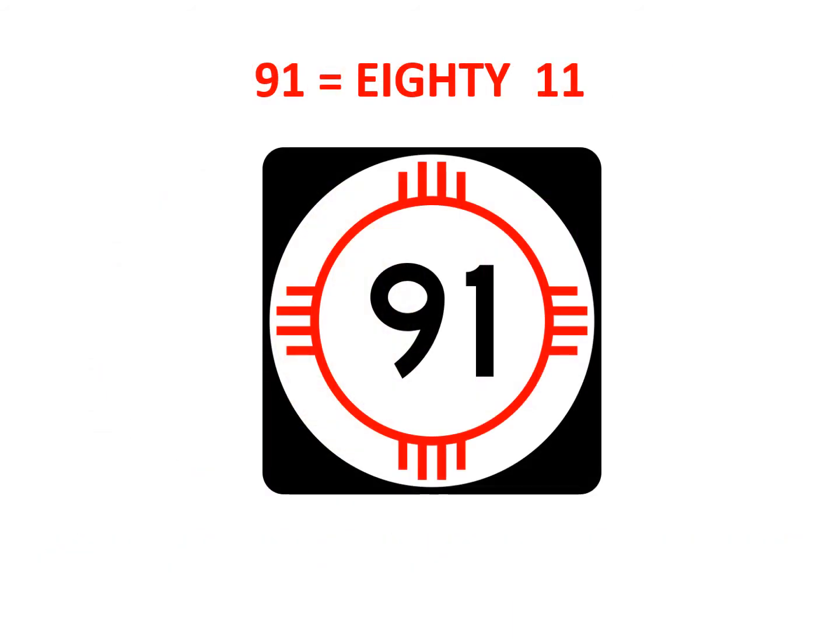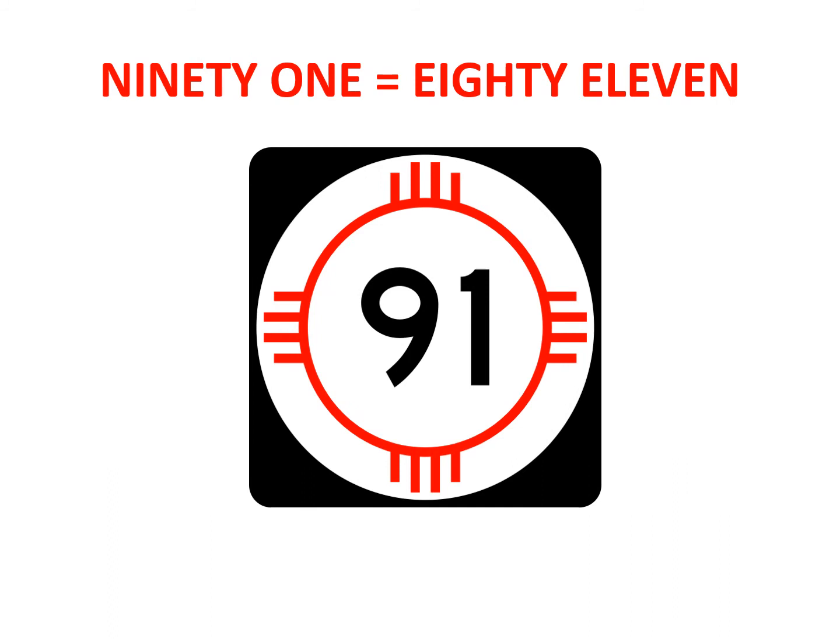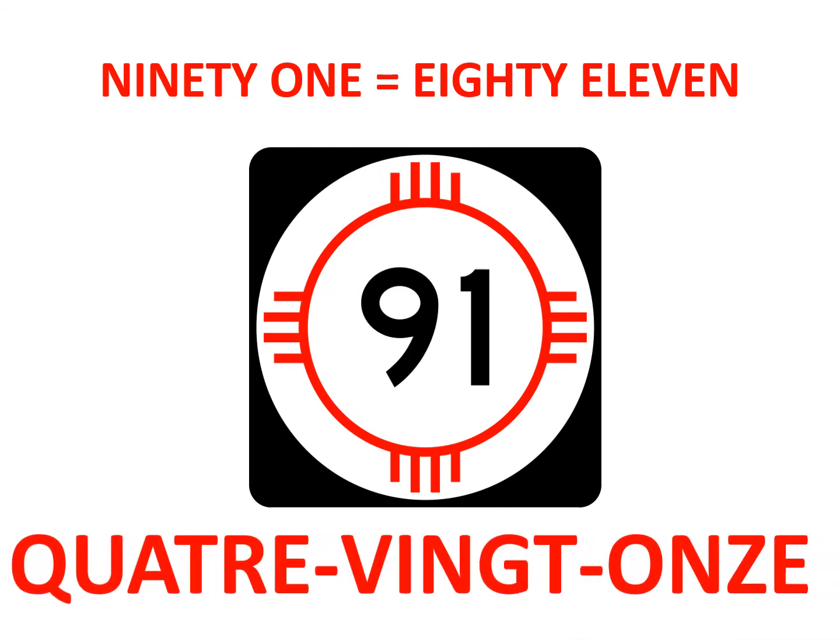Okay, because we're using this at the end, we have the same issue as we had with 70. Do you remember when we added 11, 12, 13, 14, etc. to the number? This is the same here. So 91 will be 80 and 11. So 91 will be 91.